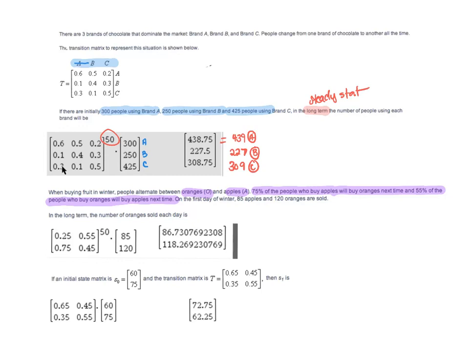So I've called these apples and oranges. 75% who buy apples today buy oranges next time, so you can see there I've put the 75, and 55% who buy oranges buy apples there.